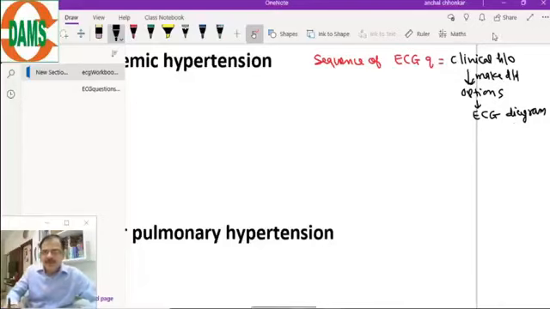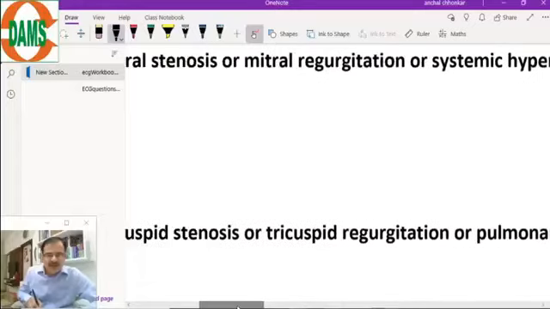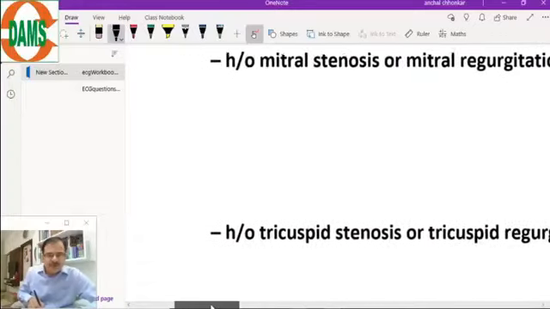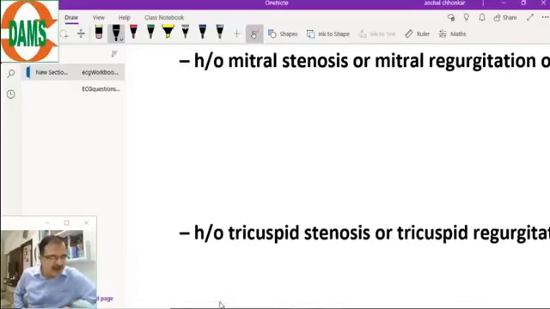So with this, the second P wave abnormality: the clinical history is given to you. The clinical history is a history of mitral stenosis. How will you diagnose mitral stenosis?